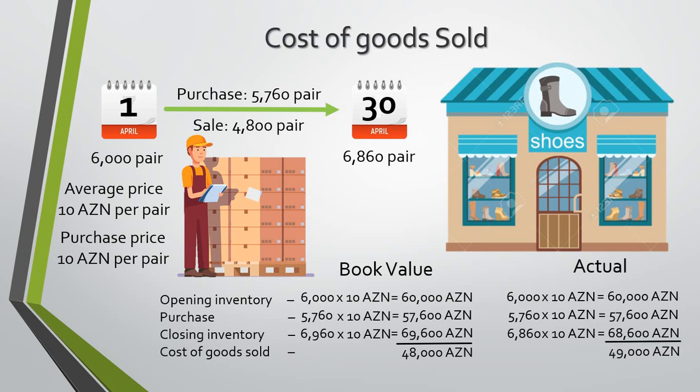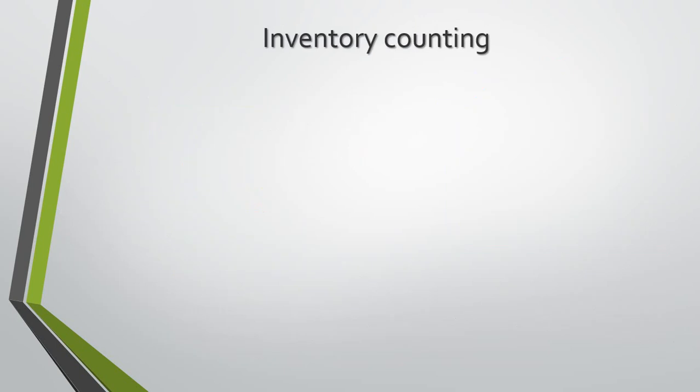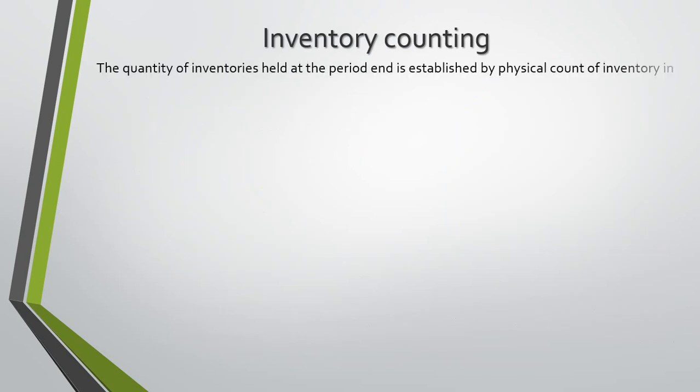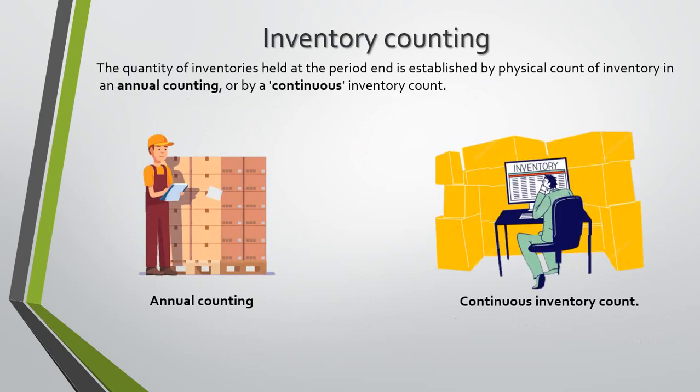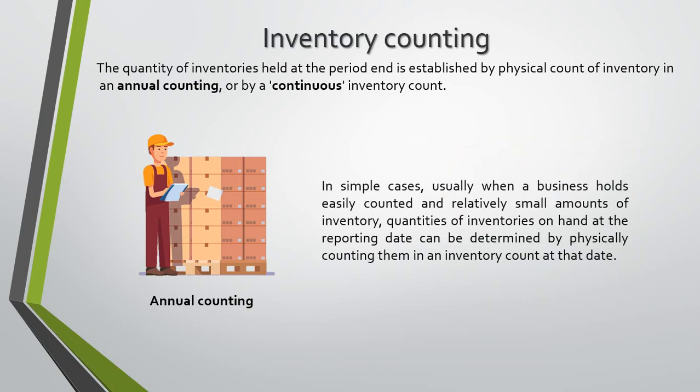The quantity of the inventory held at the period end is established by a physical count of inventory in an annual count or by continuous inventory. In simple cases, usually when a business holds easily counted and relatively small amounts of inventory, the quantity of inventory on hand at the reporting date can be determined by physically counting it at that date.